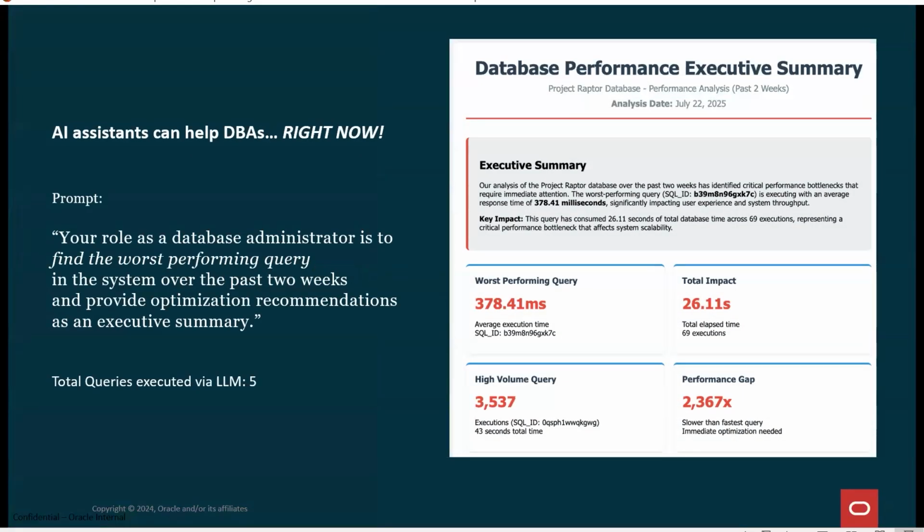Basically, for your administrators, imagine asking your assistant to find the worst performing query in your database and to tune it for you, delivering a full report of its findings with executive-level suggestions and a plan. The report you see on the right-hand side was generated using the Claude Sonnet 4 LLM against a 23ai Oracle database via the MCP server, and the total number of queries it ran to come to this result is 5.